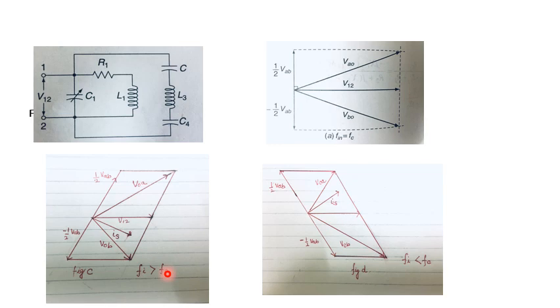Hence, when the frequency of the incoming signal is greater than the resonant frequency, the voltage becomes positive, and as the frequency increases, the output voltage increases in proportion to the incoming frequency.